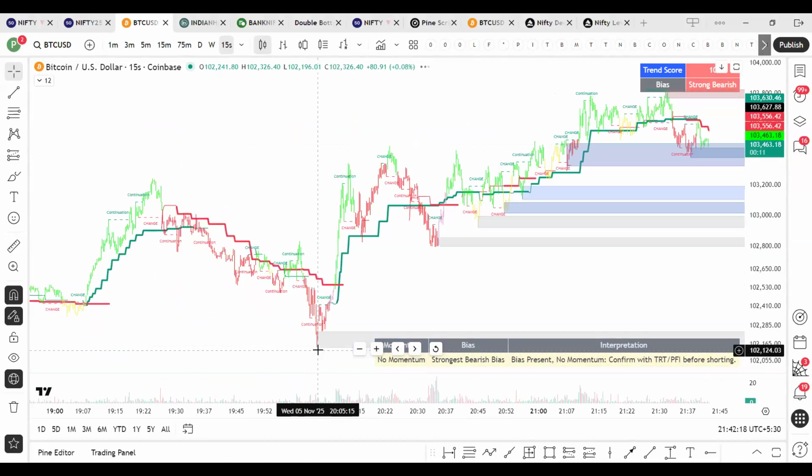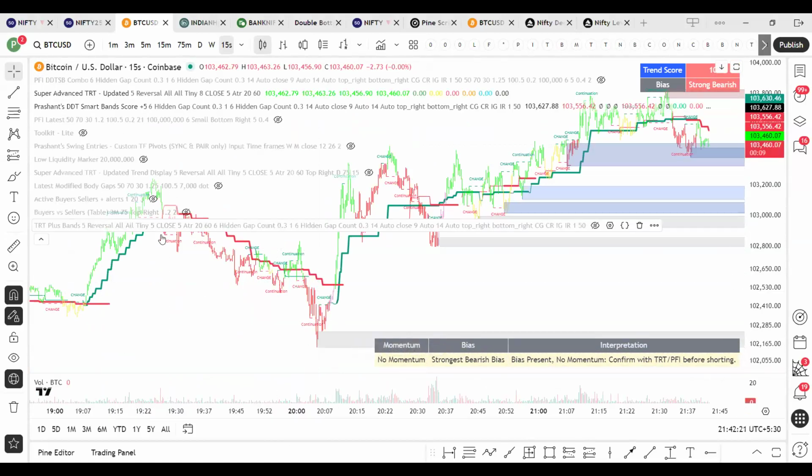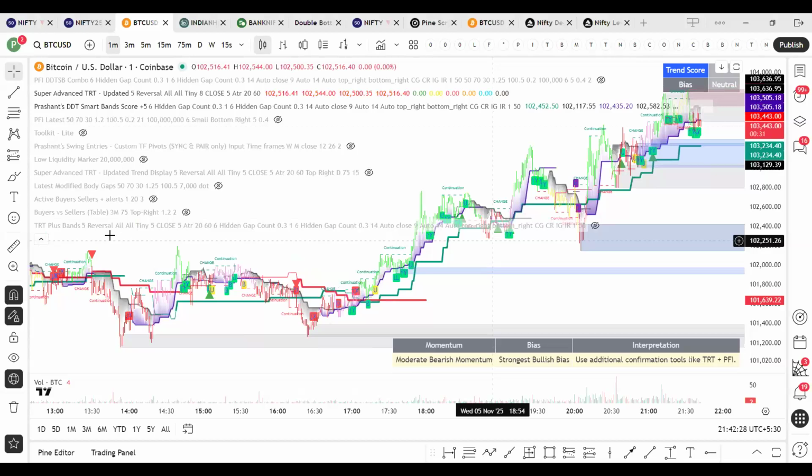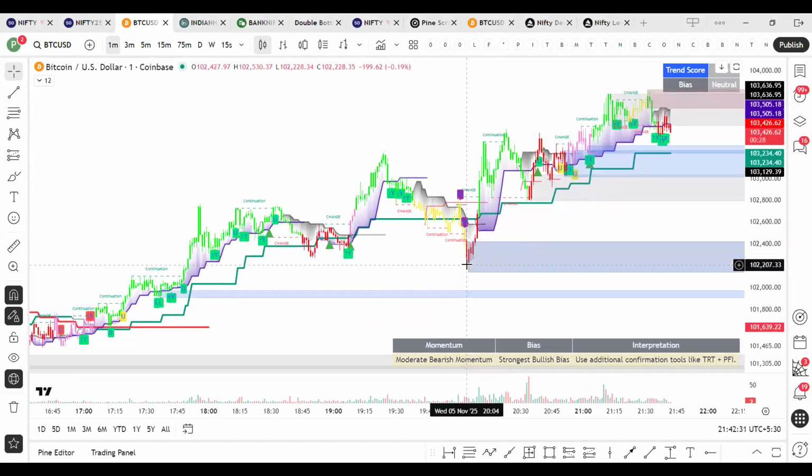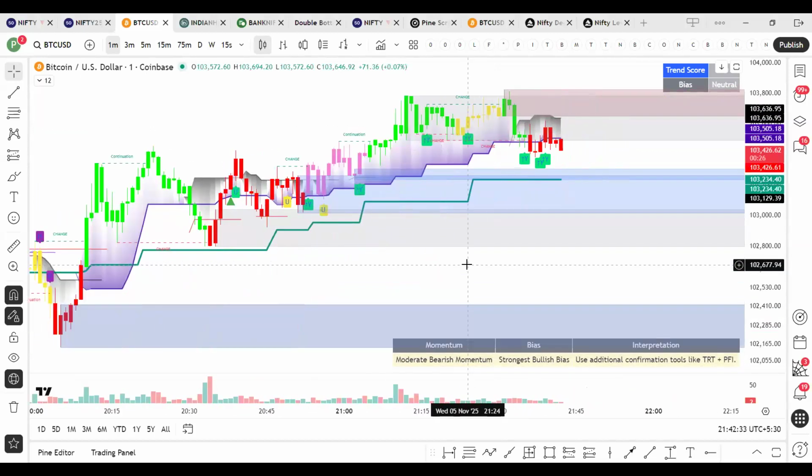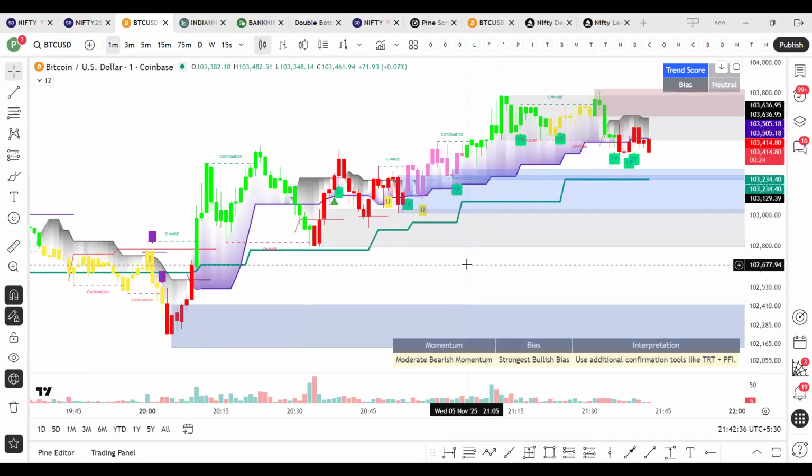It's not showing any signals. Maybe because we are on the 15-second chart, it will not show any signal. So I will tell you exactly what happens.